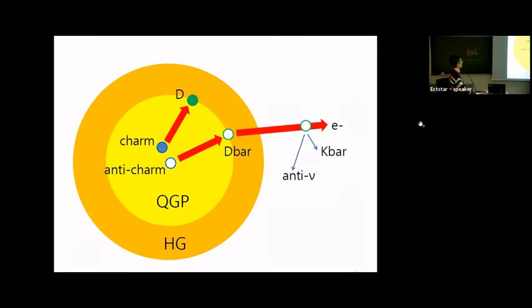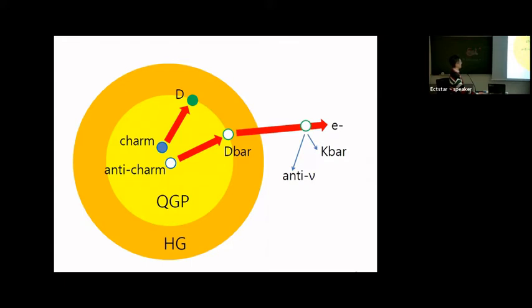This is a schematic figure of how a single electron is produced in heavy ion collisions. Firstly, a heavy quark pair is produced through baryon-baryon hard collision. Then this heavy quark and anti-quark interact with partons in the quark-gluon plasma. At the critical temperature, they hadronize into heavy meson and heavy anti-meson, and then they have hadron interactions in the hadron gas phase.